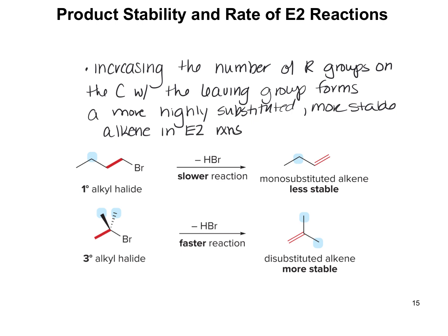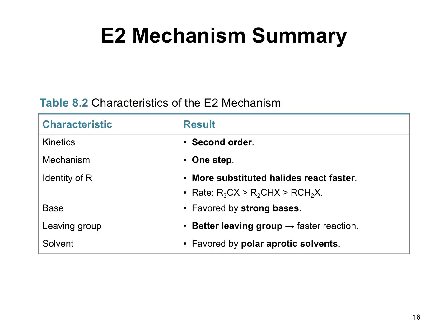So let's look at a summary of everything that we've talked about so far. So here's the E2 reaction mechanism summary. When we talk about the kinetics, these are second order. It's a one-step mechanism. The more substituted halides react faster, where we see tertiary reacting faster than secondary, reacting faster than primary.